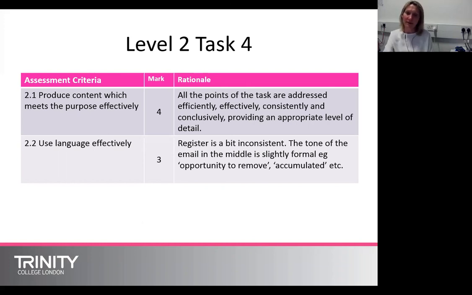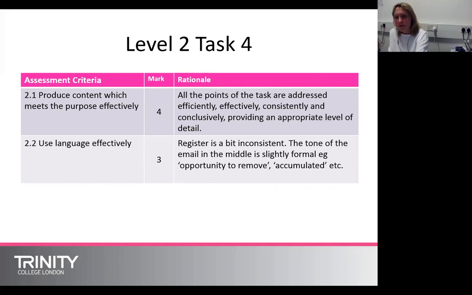So you might have a candidate like the one we've seen at level 2 that scores a lower mark in one of the tasks, might score a maximum mark, so 4 marks for one of the criterion, but then 1 mark for another criterion. Each of the criteria needs to be assessed separately.